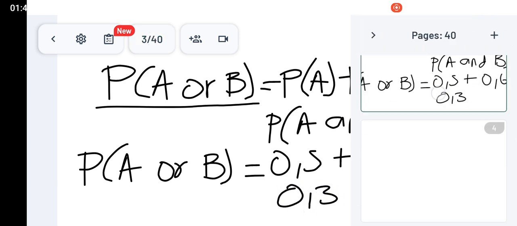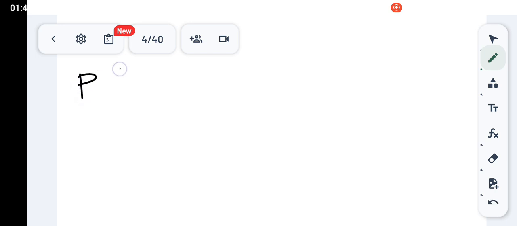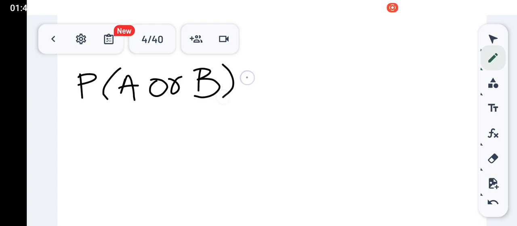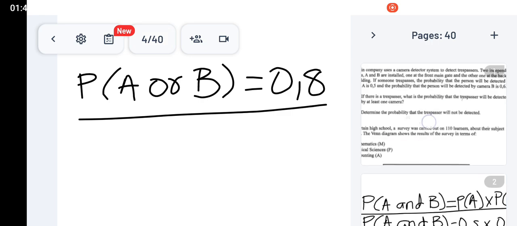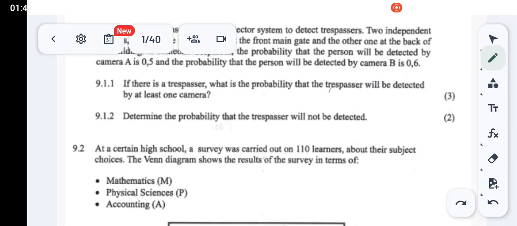So probability of A or B is equal to 0.5 plus 0.6 minus 0.3, that is 0.8. Yes, that is your answer for 9.1.1, the probability that the trespasser will be detected by at least one camera.